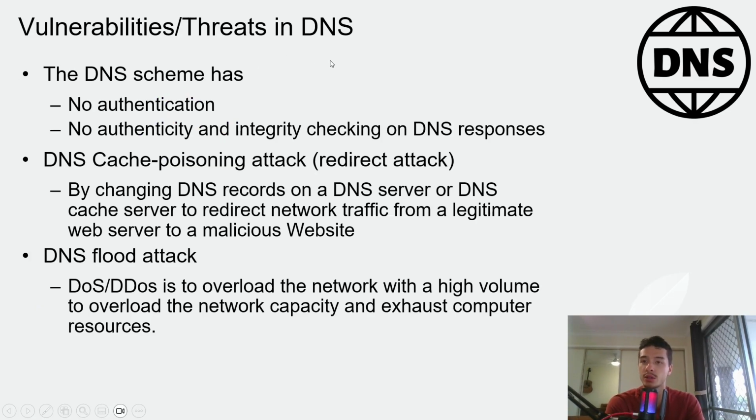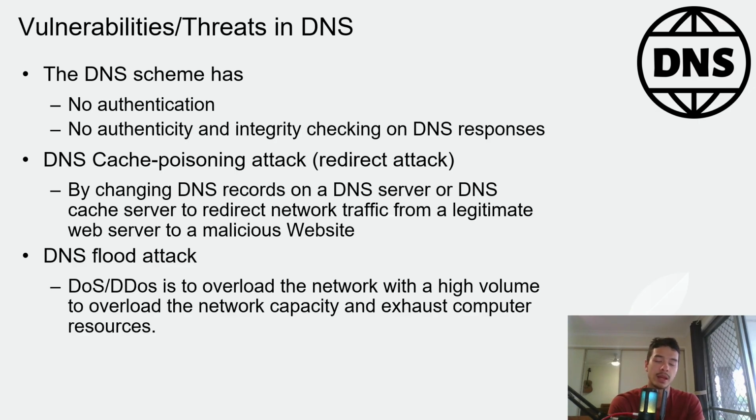Vulnerabilities, threats, and DNS. DNS has no authentication, no authenticity and integrity checking of DNS responses. DNS cache poisoning attacks work by changing DNS records on the DNS server or DNS cache server to redirect network traffic from a legitimate web server to a malicious website. DNS flood attack: a DoS or DDoS overloads the network with high volume to exhaust network capacity and computer resources.